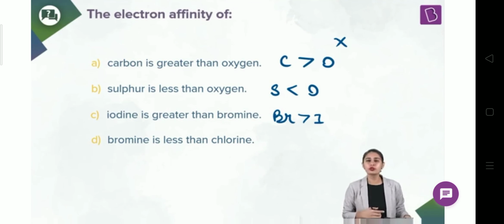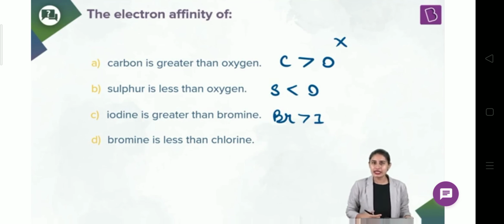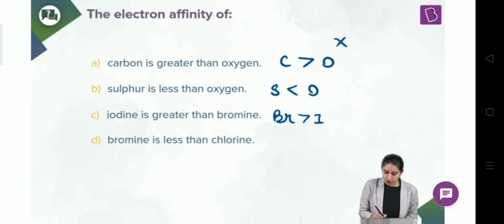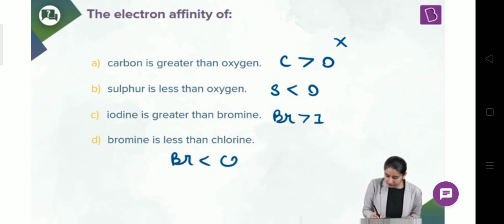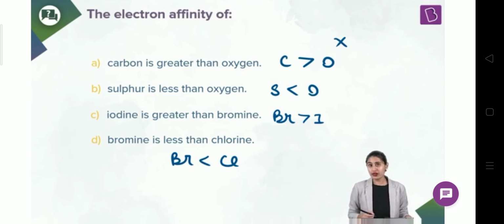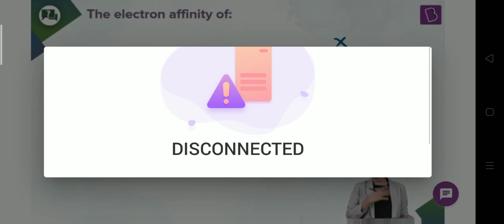As we go down the group, the electron affinity decreases. Bromine is less than chlorine. Chlorine had the maximum, and not just maximum, the electron affinity of chlorine is highest in the whole periodic table. So the right answer is D.